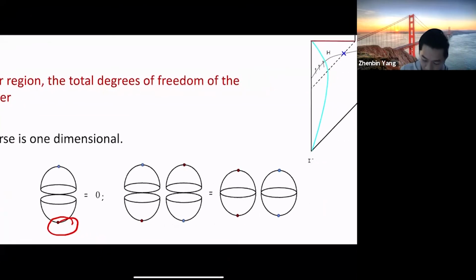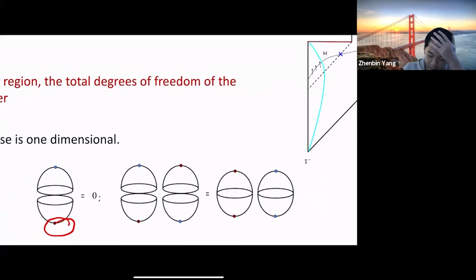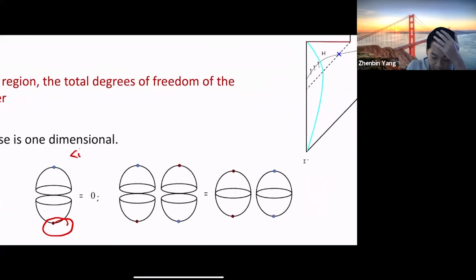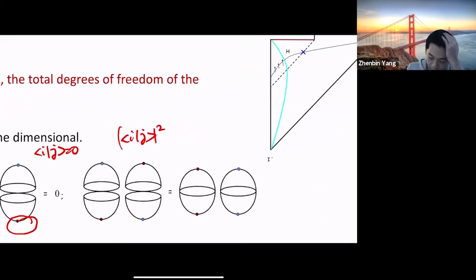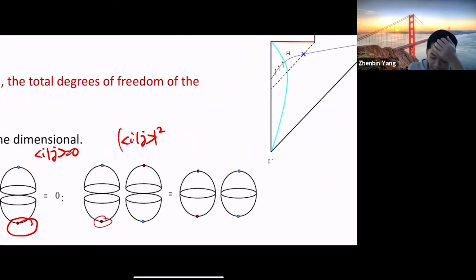That is, <i|j> will be 0. But if you look at <i|j> squared, because you only specify the boundary conditions where you create this closed universe, and there's no spatial boundary, you do not specify what happened in the middle.